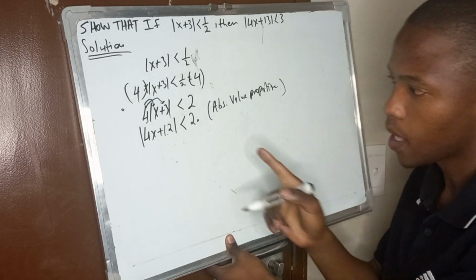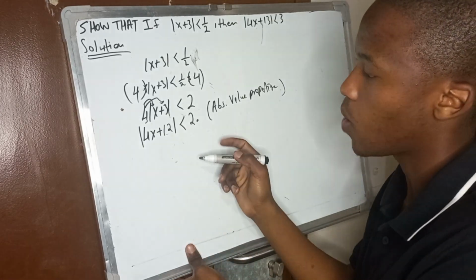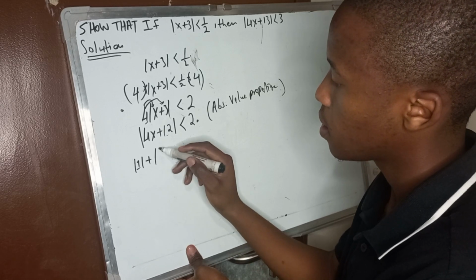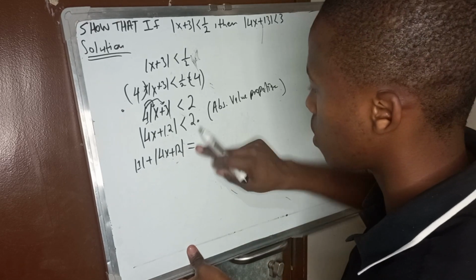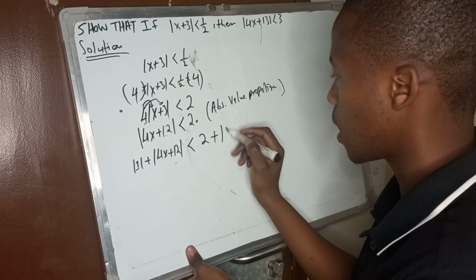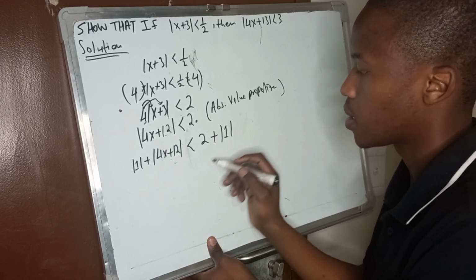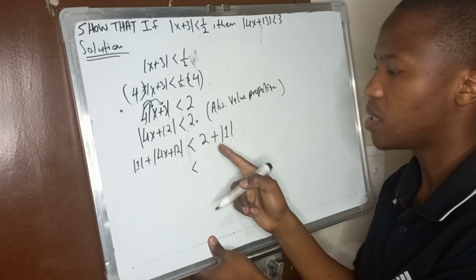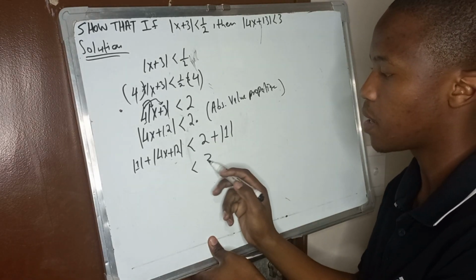What we need to do is add the absolute value of 1 on both sides of our inequality. So the absolute value of 1 plus the absolute value of 4x plus 12 is less than 2 plus the absolute value of 1, since what is done on the left must be done on the right. The absolute value of 1 is the same as 1, so 2 plus the absolute value of 1 is the same as 3.